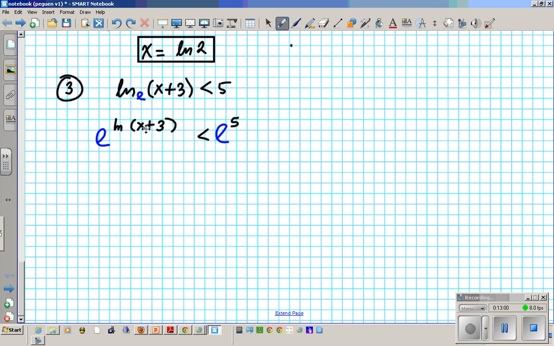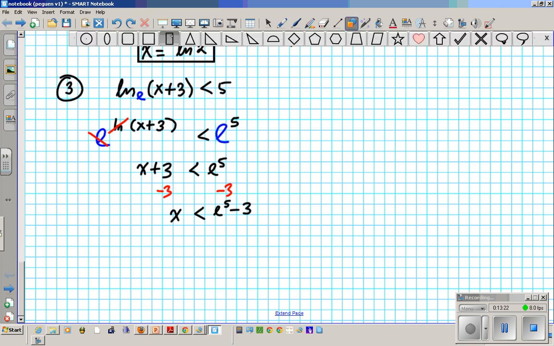So this one and the ln cancel out. And on the left side you have x plus 3 is less than e to the 5th. Try to get x by itself, you subtract 3 from both sides. And then you have x is less than e to the 5th minus 3. And there goes your final answer.